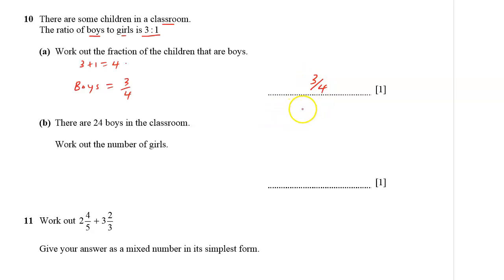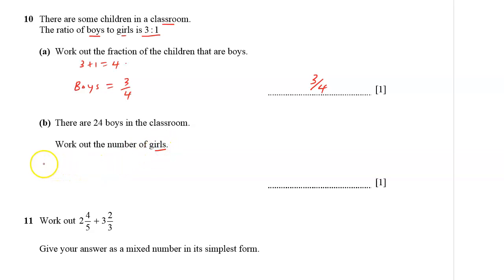There are 24 boys in the classroom, that is 10b. Work out the number of girls. If there are 24 boys in the classroom, what will be the number of girls?